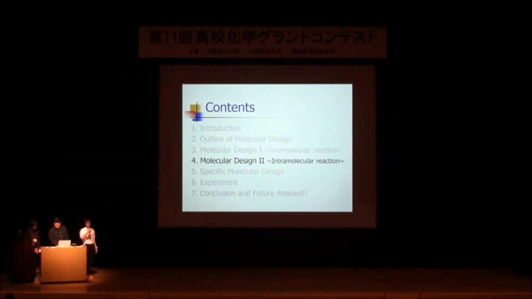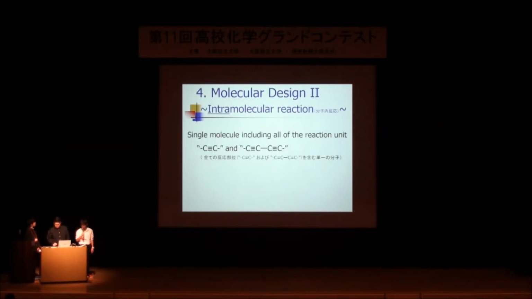Next is our second molecule design, intramolecular reaction. Intramolecular reaction means that we need to create a single molecule including all the reaction units. We decide to synthesize a cyclic compound.